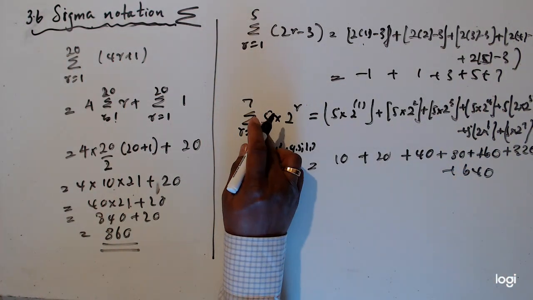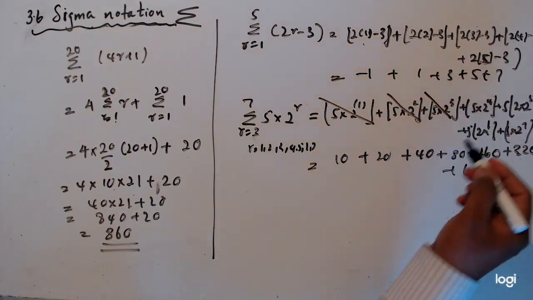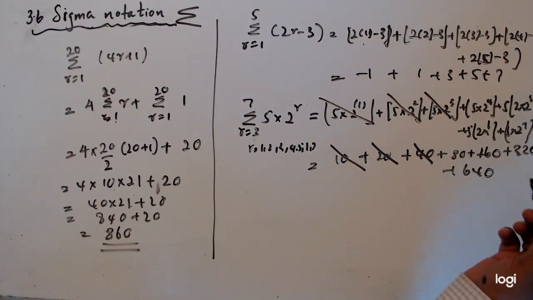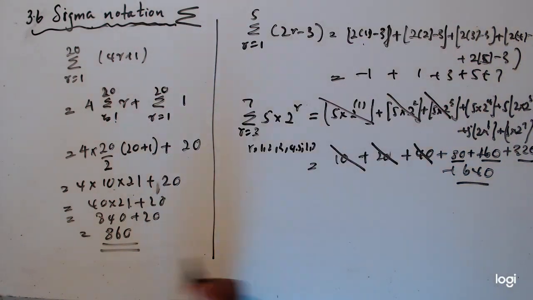In the book, it's asked 3 to 7. It means you don't need the first two terms, so we cancel them out. Basically, you can see in the book 40, 80, 160, 320, 640.